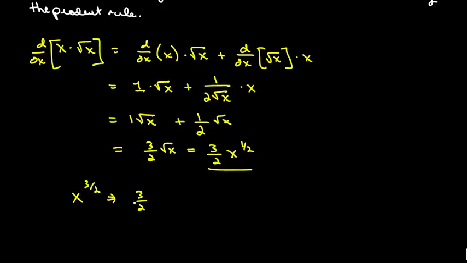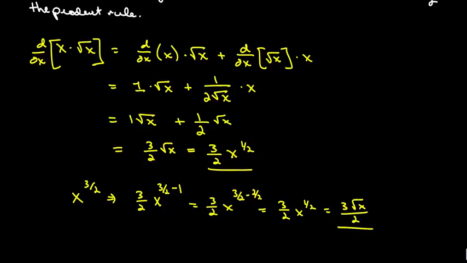We can bring 3 halves down to the front, and subtract 1 off the top, so it'll be 3 halves x to the 3 halves minus 2 halves, which is 3 halves x to the 1 half, or 3 square root of x over 2, which is exactly what that guy is right there. So our power rule will work when these exponents are rational numbers. However, we haven't proven that, we've just shown it for one specific case.